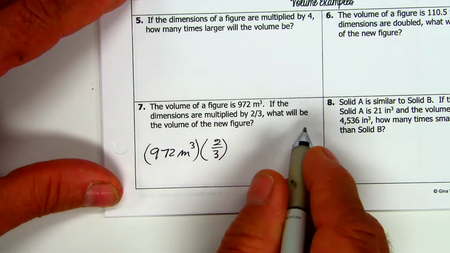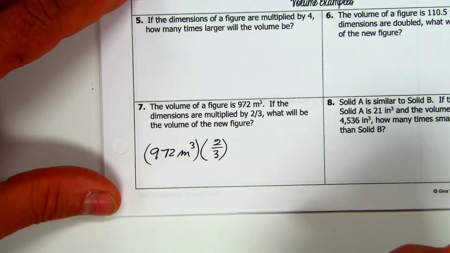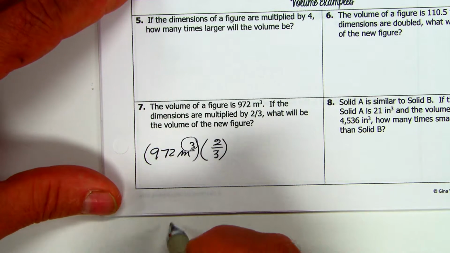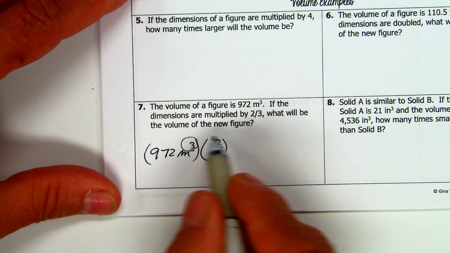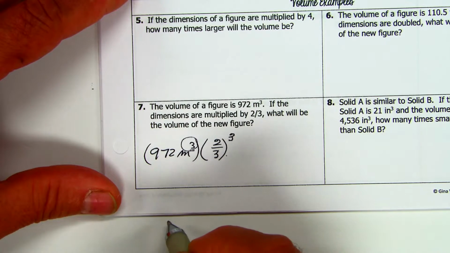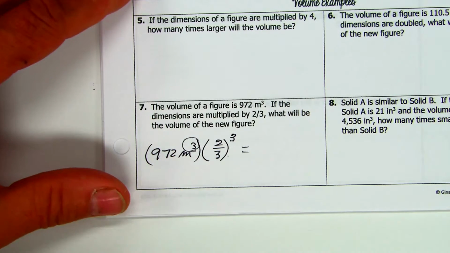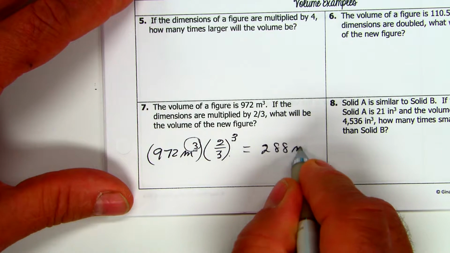What will be the volume of the new figure? So you see this right here, cubed? This is dimension. So what do I do to it? I'm going to volume, so I've got to cube it. So if I do that, then I'm going to get 288 meters cubed.